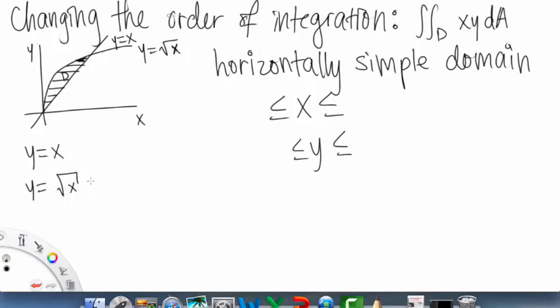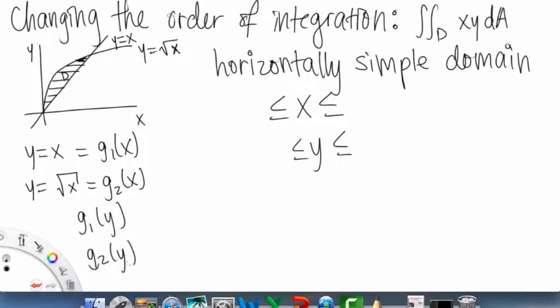And these are both functions of x. This was like our g2 of x, and this was our g1 of x. All right, so what we have to do here now is find g1 of y and g2 of y. All right, and where g1 is the left one. So this will be the left one, and this is the right one. And then y is just bounded by two numbers.